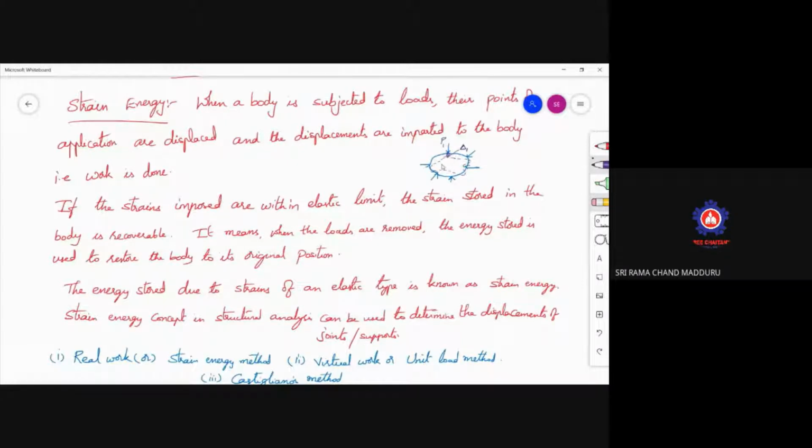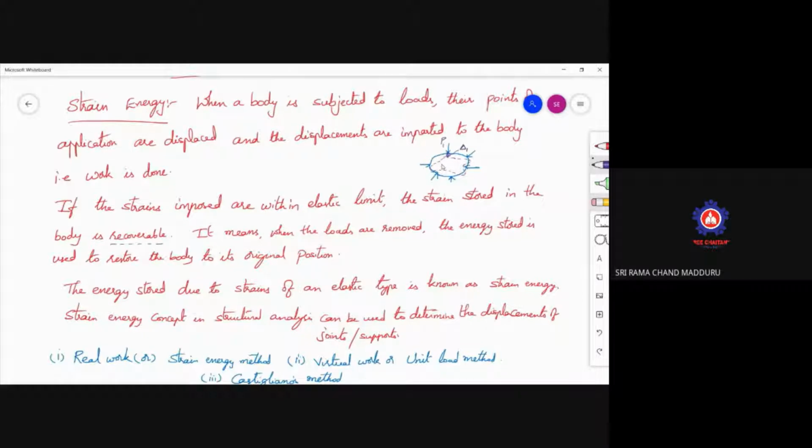Strain is nothing but the change in length by original length. So the displacement divided by the original dimension corresponds to the strain. Within the elastic limit, when you remove the loads, the member or the body is recoverable. It will go back to its original position.